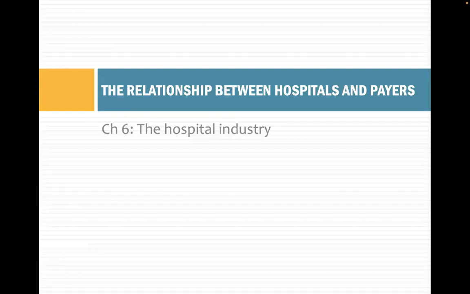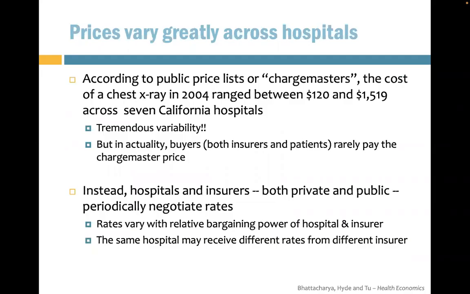Okay, so then the last part, I want to talk about the relationship between hospitals and payers. Prices vary greatly across hospitals. This is a mystery in this industry, because a lot of other industries don't have this kind of situation.